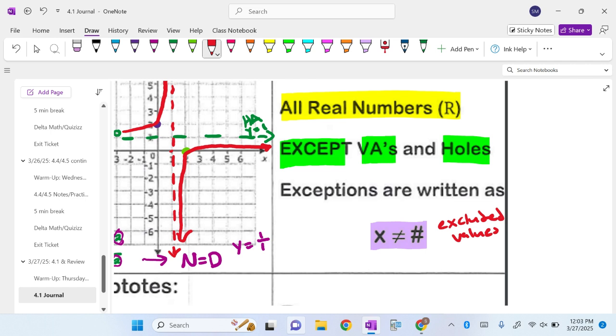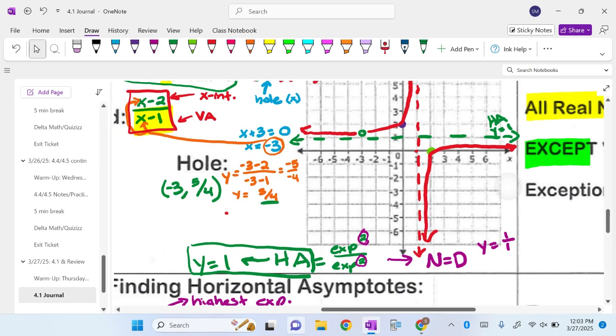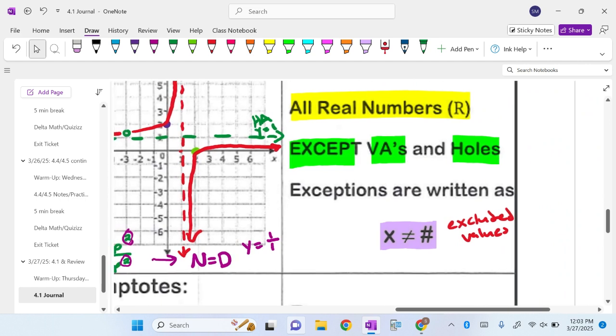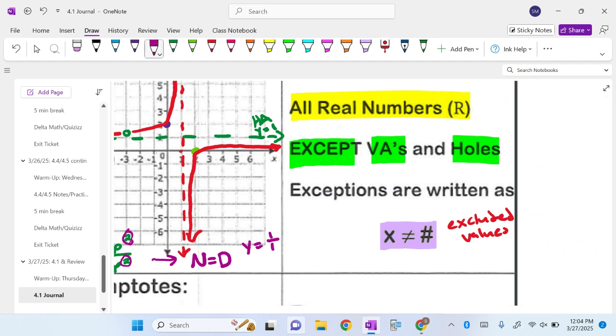So for the example next to us, what x values were we not allowed to have? So for this graph, what were the x values of our vertical asymptotes and our holes? So there are two x's that our graph could absolutely not equal to.